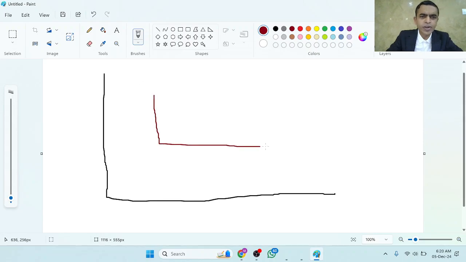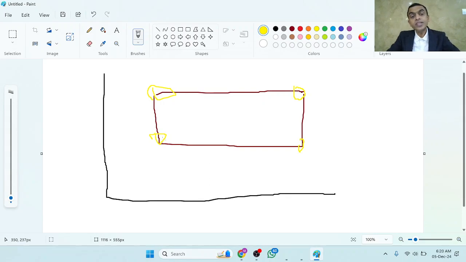Now one property of a rectangle we are going to use in solving this problem. So this is the rectangle and these are the vertices. Vertices means corners. Okay, so this is the 1st, this is the 2nd vertex, this is the 3rd vertex, and this is the 4th vertex.